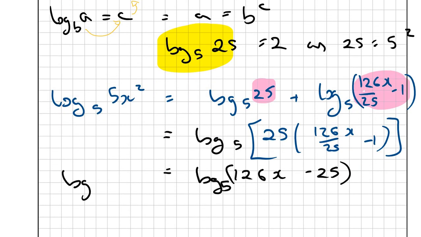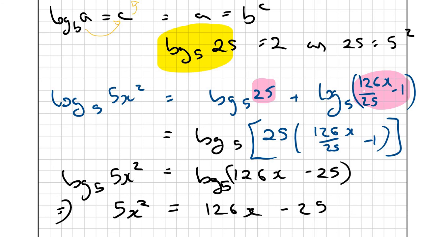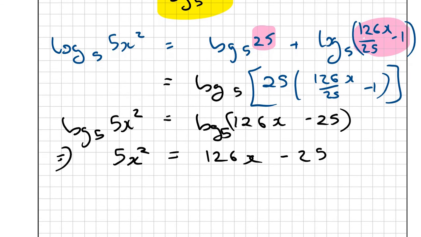So if the log of 5x squared to the base 5 is equal to the log of 126x minus 25 to the base 5, then I must be left with the situation that 5x squared is equal to 126x minus 25. So I just need to solve the equation then.